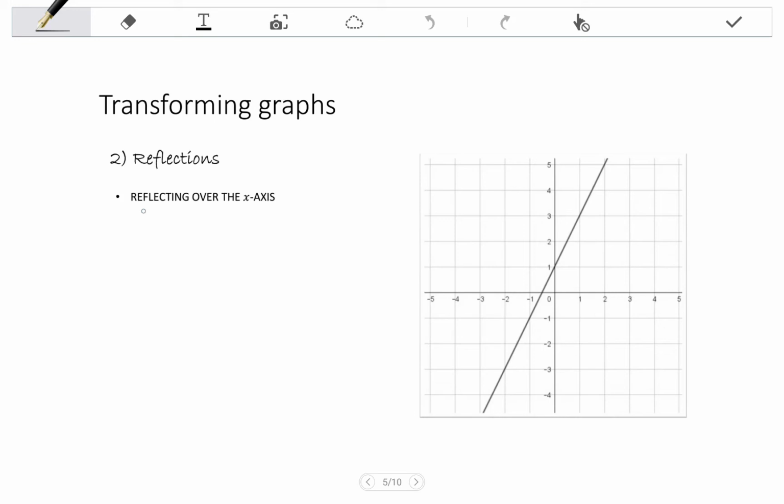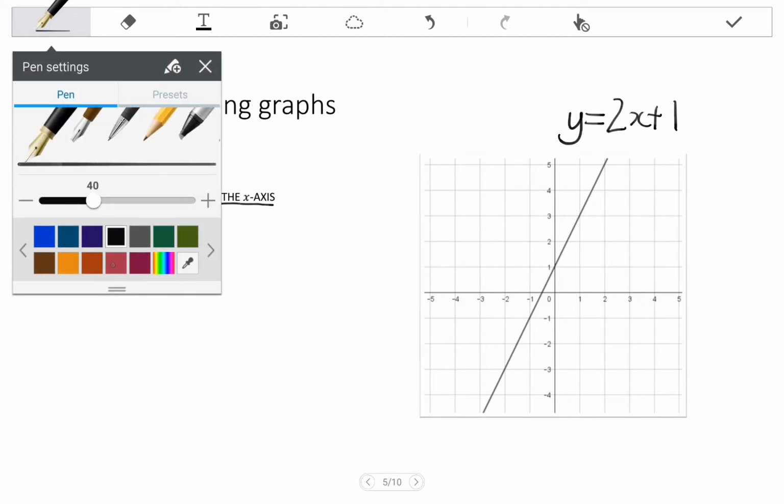So we're going to reflect over the x-axis. Now what you don't actually see here is that the graph's equation is y equals 2x plus 1. Sorry, that must have been cut off in my PDF here. So we want to reflect the line y equals 2x plus 1 over the x-axis.